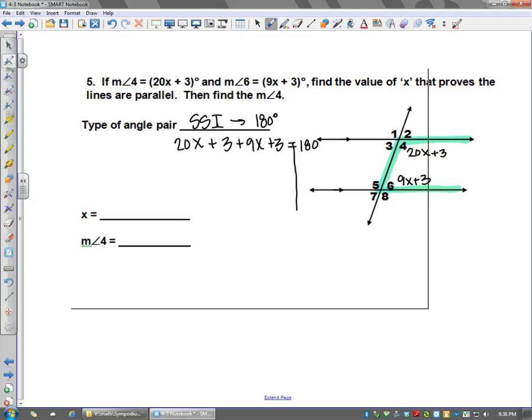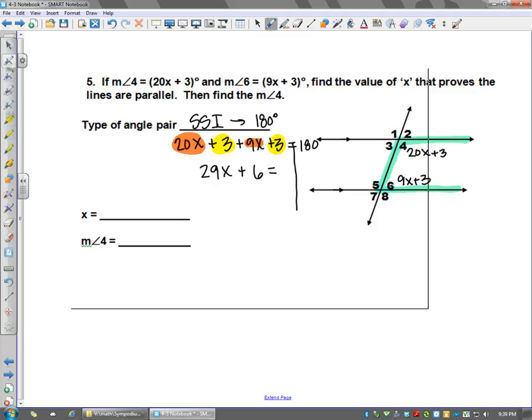We're going to solve this equation for x, and then plug into angle 4. Apples to apples, that's going to be 29x. Pairs to pairs, 3 plus 3 is 6.